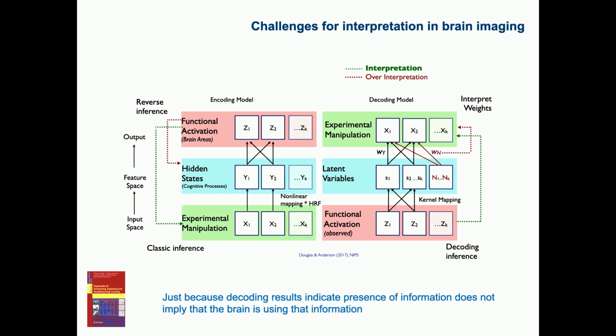For example, if there's one brain area that drives subsequent brain areas, the brain may or may not be using those downstream areas to accomplish a specific task. So there could be an overinterpretation if one isn't careful about thinking deeply about the model and what the goal of the interpretation is.